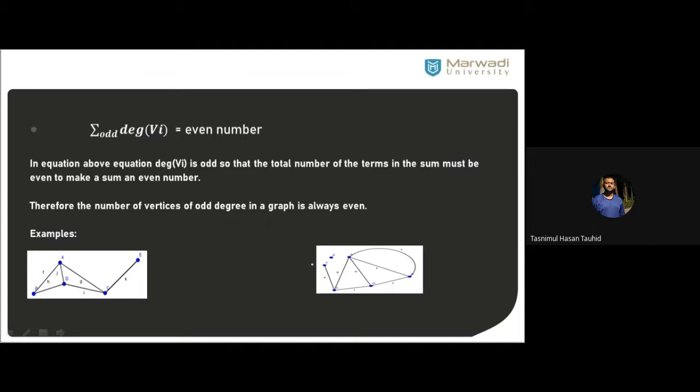Okay, I will make the names properly. This is F, C, D, this is A, this is B, and this is E. Now go for it.